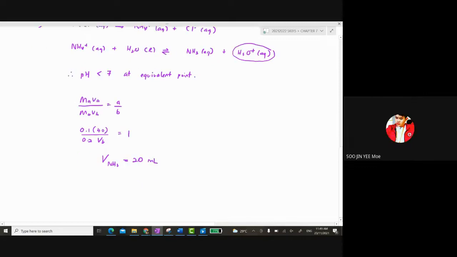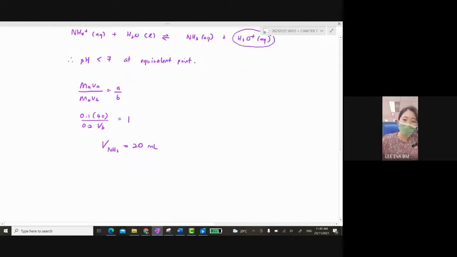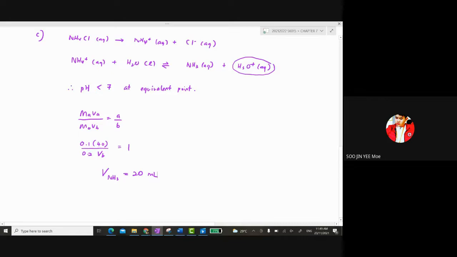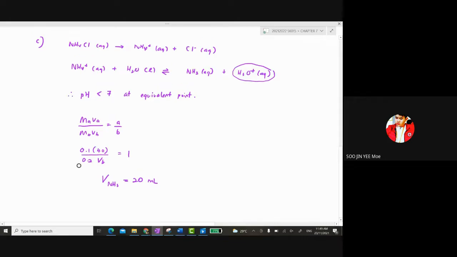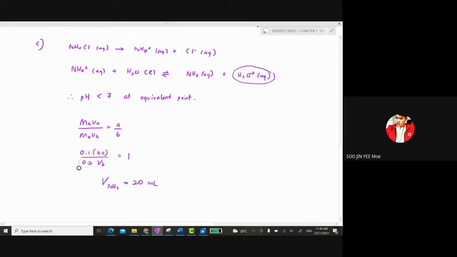Madam, don't we need to explain that NH4 plus will undergo hydrolysis and the Cl minus will not undergo hydrolysis, the ion? The explanation, you mean? Yeah. Actually you don't need to. If you draw the equations already, then you can identify that NH4 plus will undergo hydrolysis, and you straight away draw the hydrolysis equation.